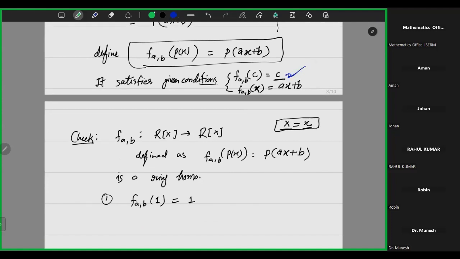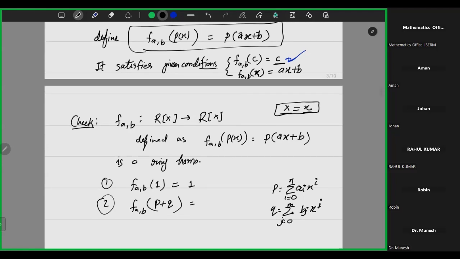Now in the second, F_AB of P plus Q, two polynomials. Let's say P is the summation of a_i x to the power i, a finite sum, a degree n polynomial, i from 0 to n. And Q is some polynomial, summation b_j x to the power j, j running from 0 to some m.